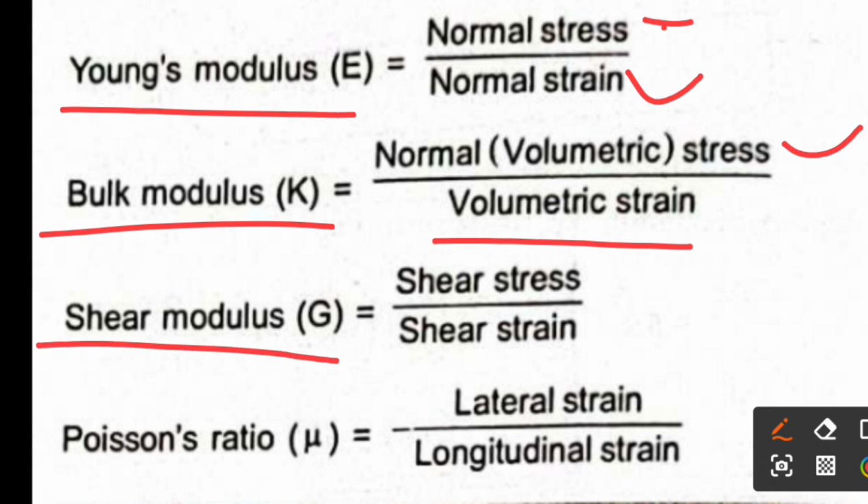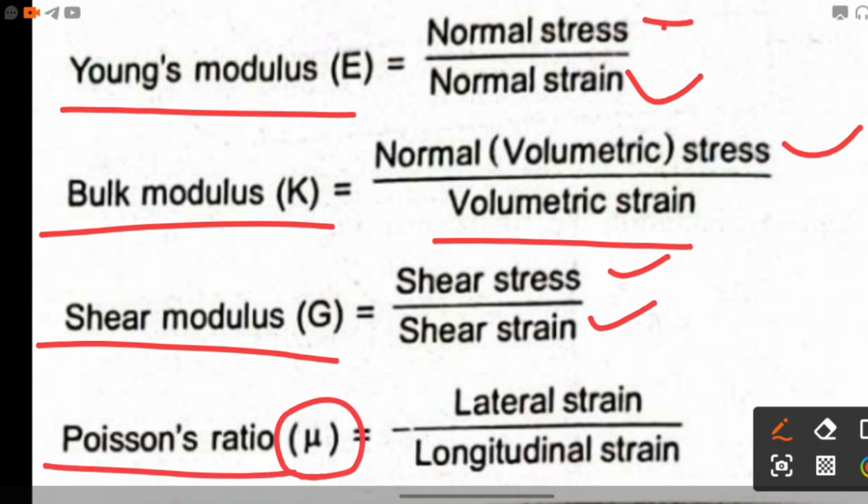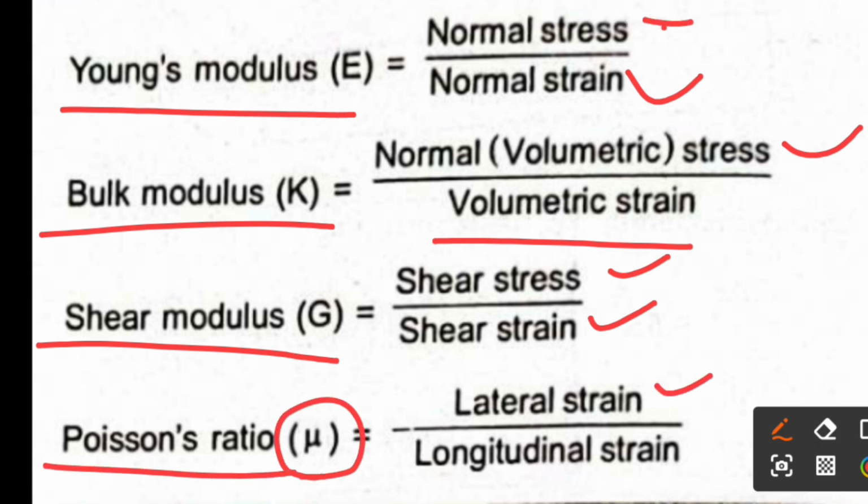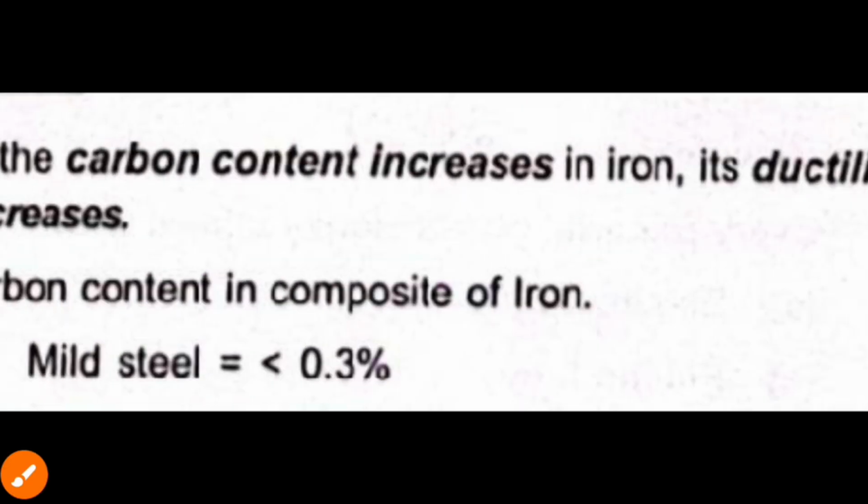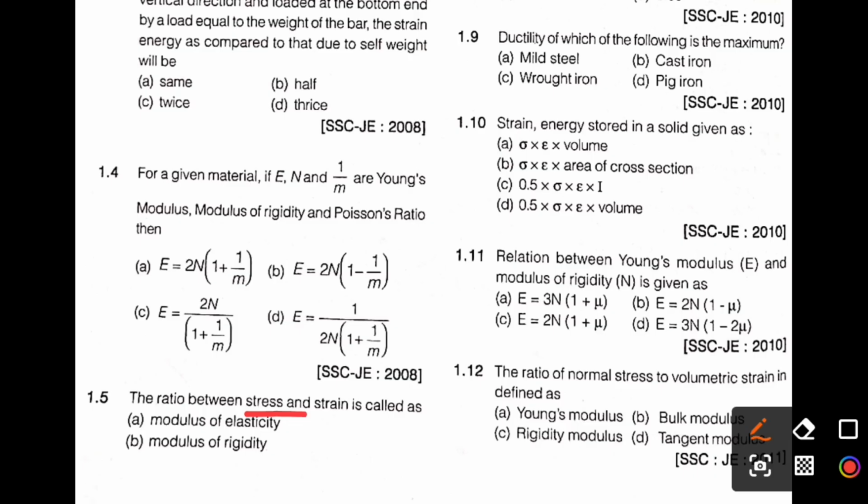Shear modulus G is the ratio of shear stress to shear strain. Mu is the symbol for Poisson's ratio, the ratio of lateral strain to longitudinal strain. Then in the question, stress over strain is called the modulus of elasticity. Option A is correct.